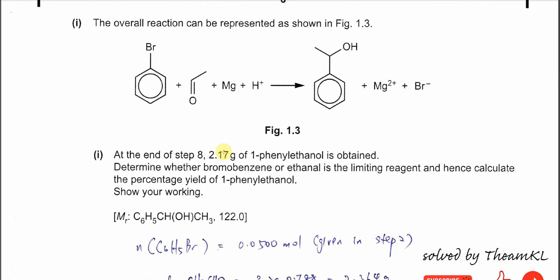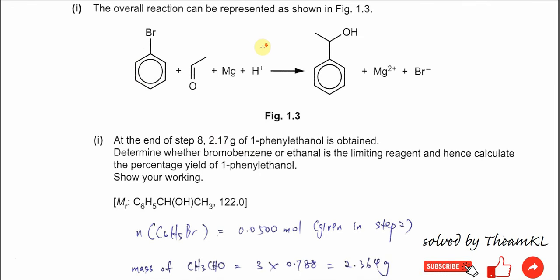Okay, part I. The overall reaction can be represented as shown in this Figure 1.3. At the end of step 8, 2.17 gram of 1-phenyl ethanol is obtained. This is the product. Determine whether bromobenzene or ethanol is the limiting agent, which means which reactant is the limiting agent, and therefore calculate the percentage yield of the 1-phenyl ethanol.